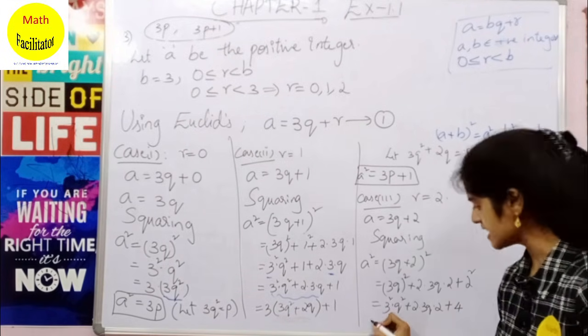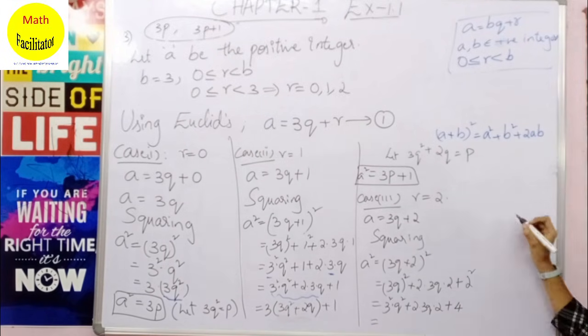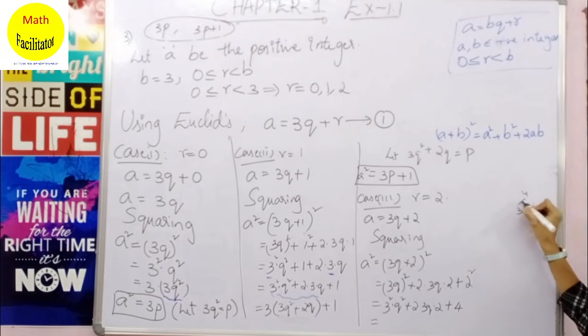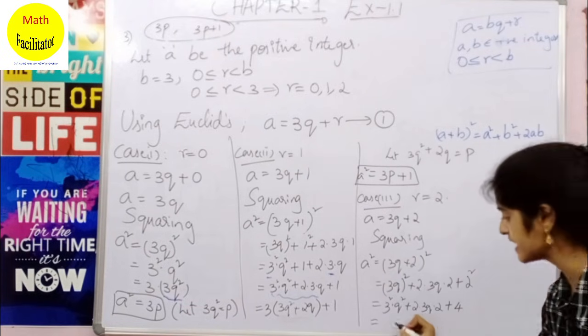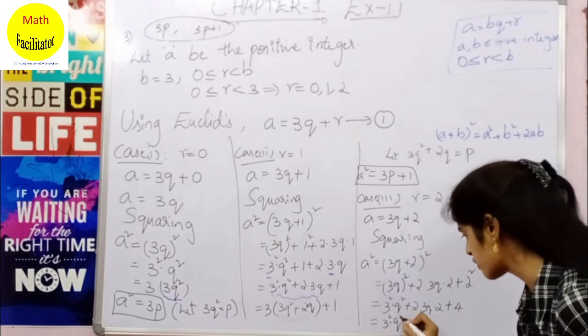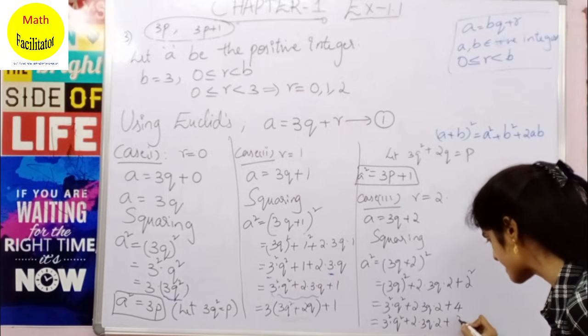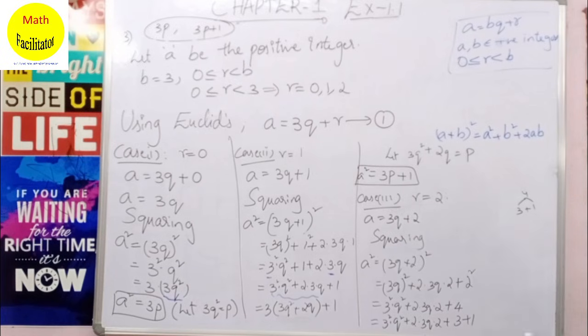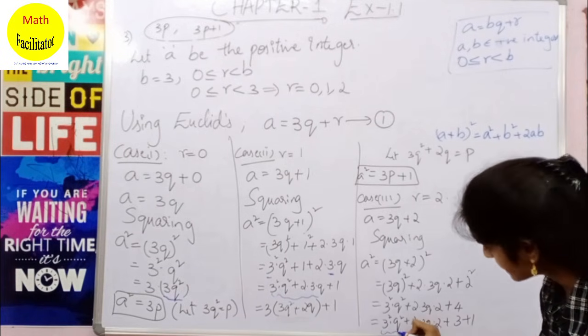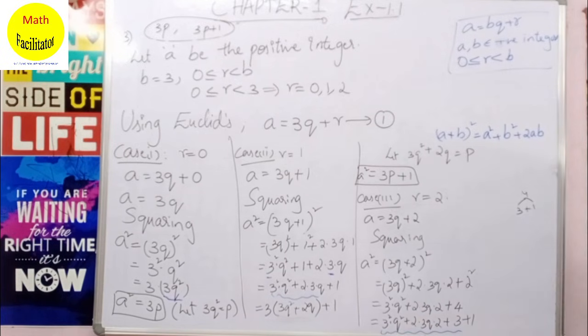Now just see this 4 I can write it as 3 plus 1. Let us write it here. So it is 3 square into q square plus 2 into 3q into 2 plus 3 plus 1.